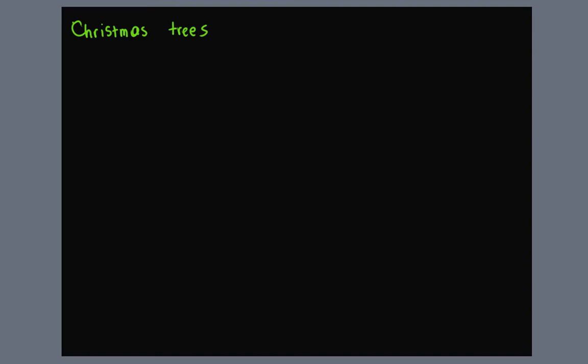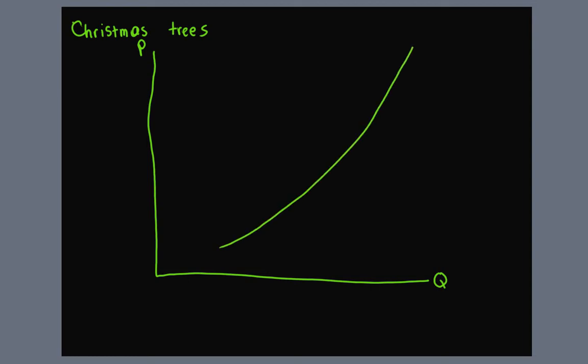so I'm going to draw my supply and demand model where I have quantity on the horizontal axis and price on the vertical axis. I'm going to draw a hypothetical supply curve that slopes upward from left to right, reflecting the fact that our suppliers are profit maximizers. As the price of Christmas trees increases, they're going to want to bring more Christmas trees to the market.